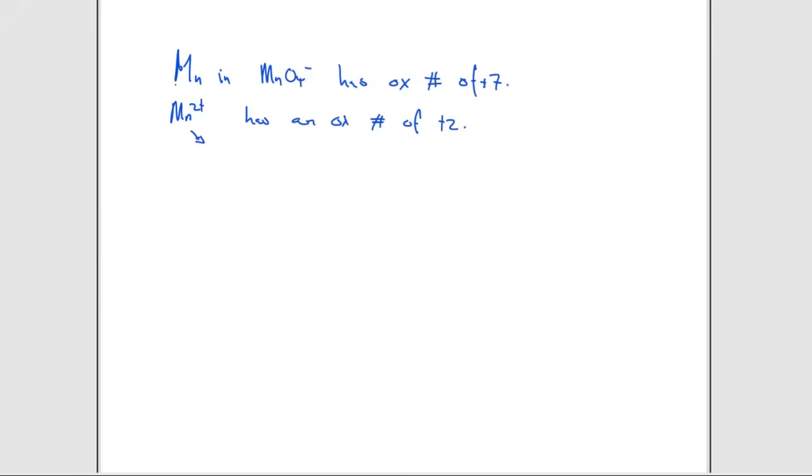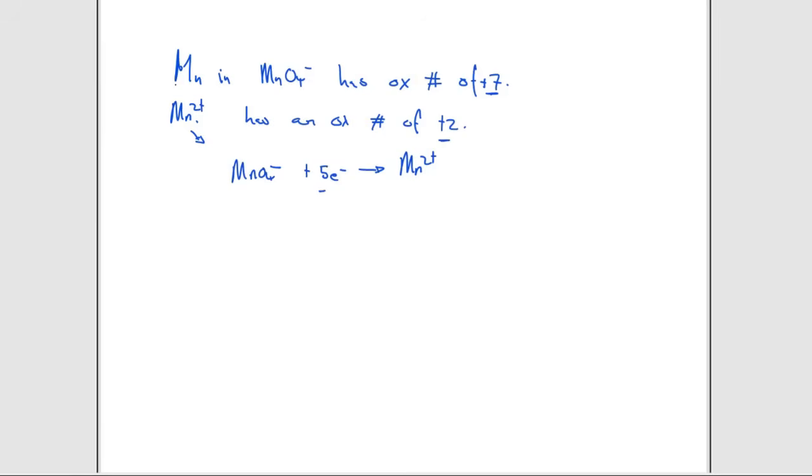So in terms of our equation, we're going to say MnO4 negative plus 5 electrons gives us Mn2+. We can see we started with Mn at positive 7, going to Mn2+, so now we know how many electrons have been gained.